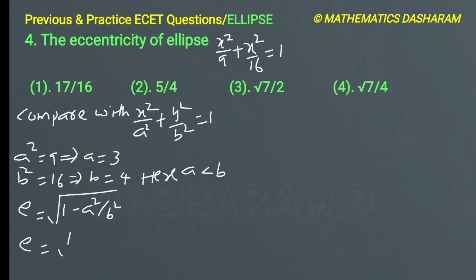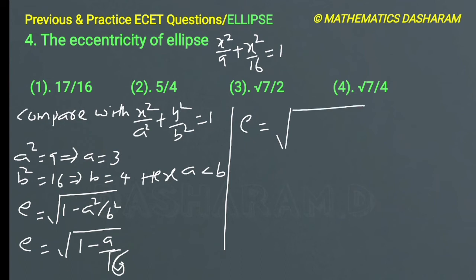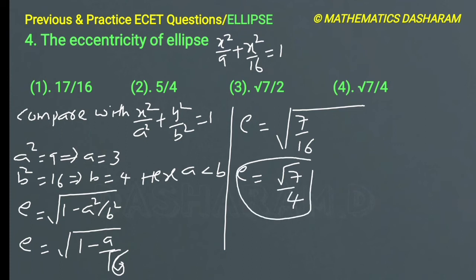So e equals under root 1 minus a square value 9 over the b square value 16. So then e equals under root 16 minus 9, which is 7 by 16. Then e equals root 7 divided by 4. So then option 4 is correct.